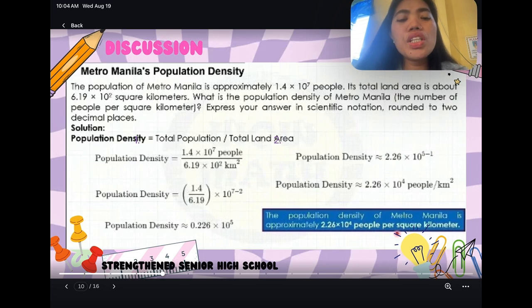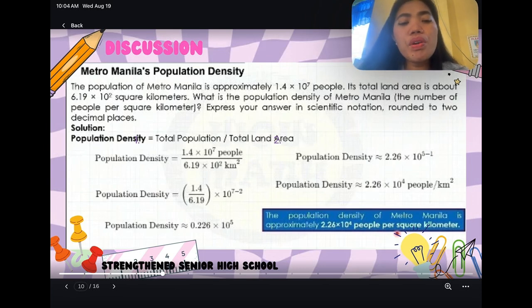So population density is total population divided by total land area. So population density is 1.4 times 10 raised to the power of 7 people over 6.19 times 10 raised to the power of 2 square kilometers.